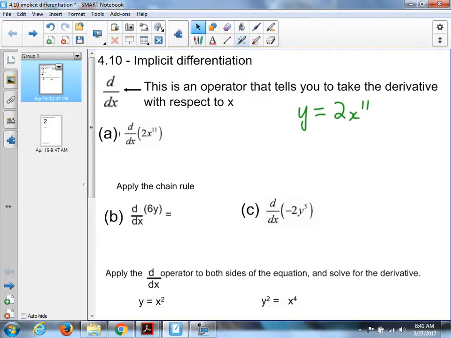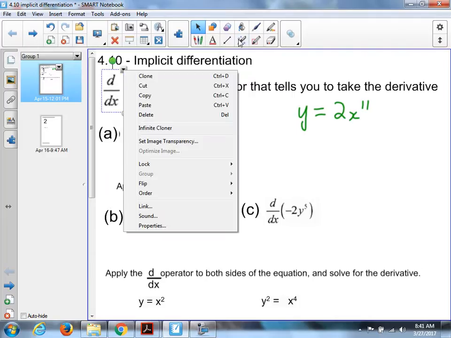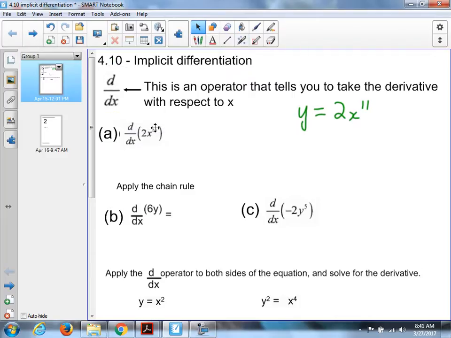Without thinking about it, you're taking the derivative of both sides, right?